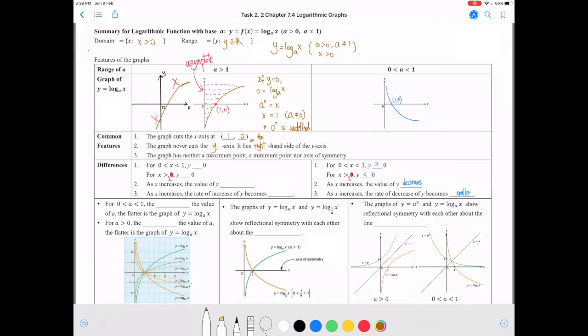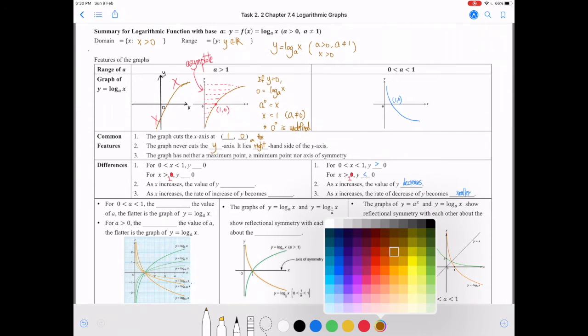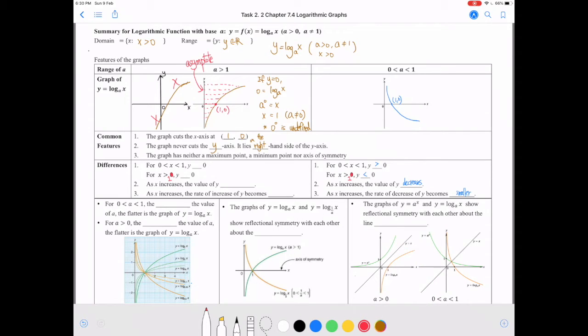The third common feature is the graph has neither a maximum point, a minimum point, nor an axis of symmetry. First, why doesn't it have a maximum point? The reason is clear, because you can see this graph is growing.